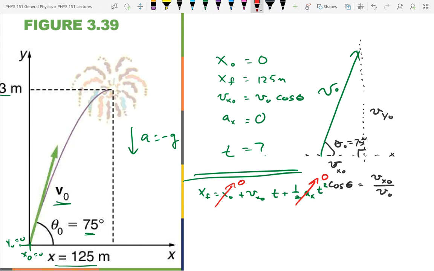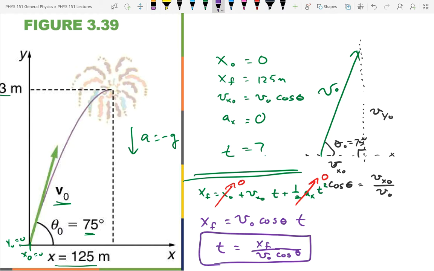My x initial was 0. And so I'm left with a pretty simple equation, one that says, for Vx0, I will substitute V naught cosine theta multiplied by time. So if I solve that for time, so there's an equation for time. I don't know the answer because V0 is unknown, but it's an equation that relates time and V0.